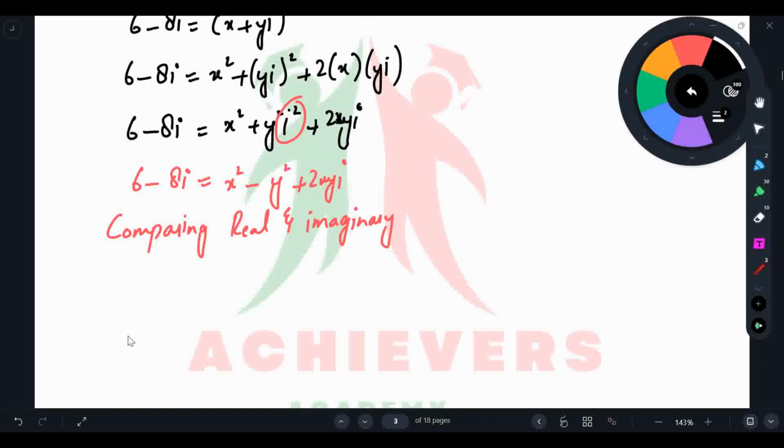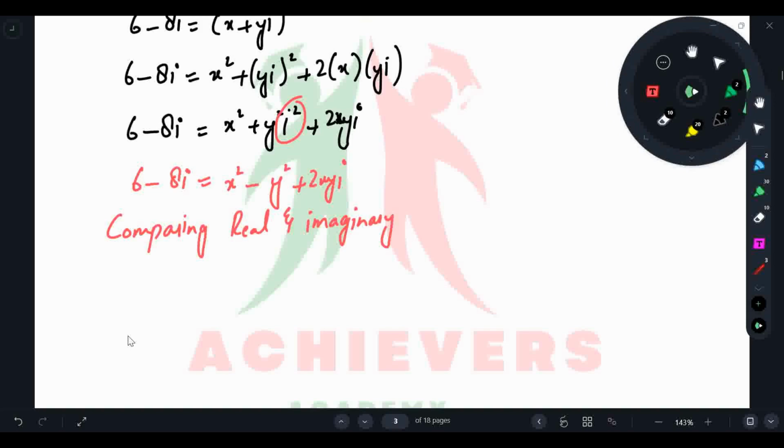So we can write 6 will be equal to x squared minus y squared, and similarly 2xy will be equal to -8.